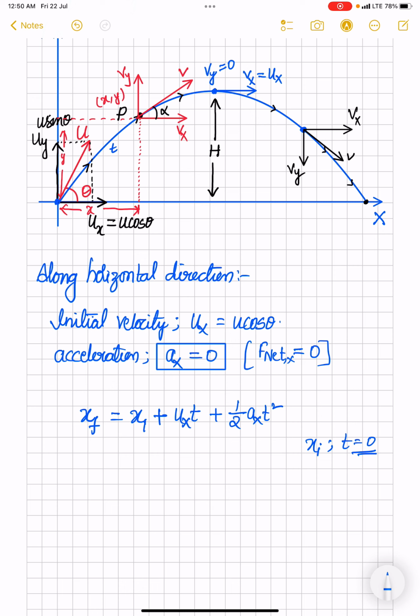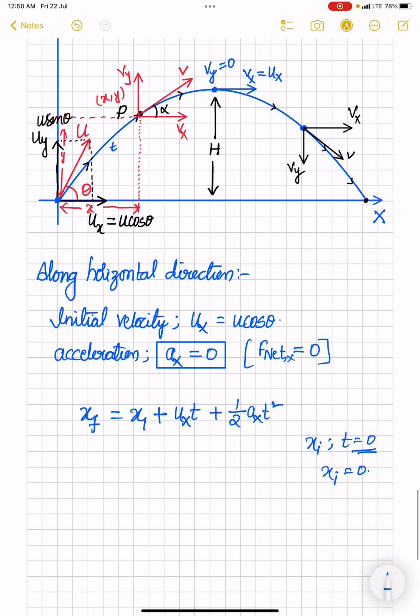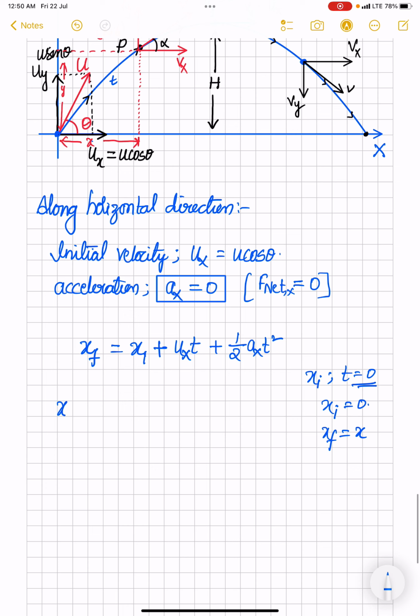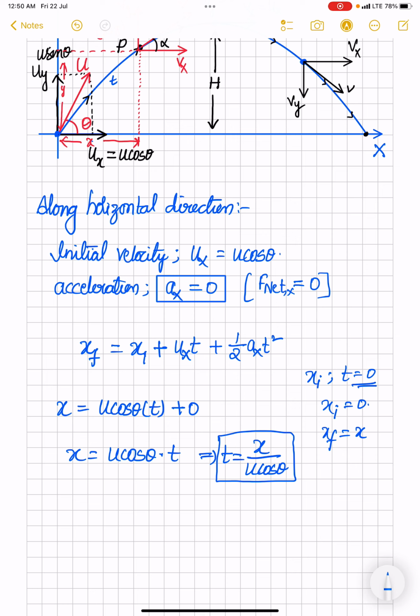It is considered to be at the origin, so xi is equal to 0, and x final is at position P, which we have written as x. So you will get x is equal to u cos theta into t plus 0, from which I can write an expression for t as x upon u cos theta.